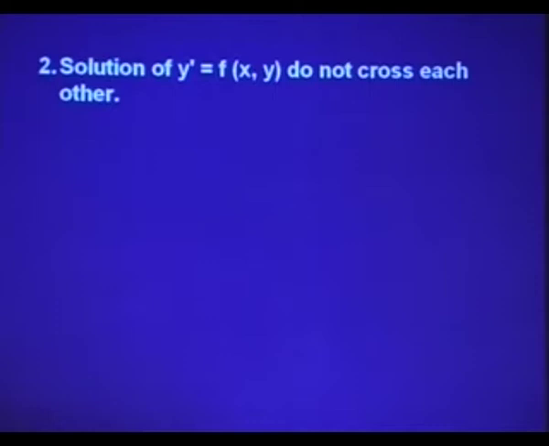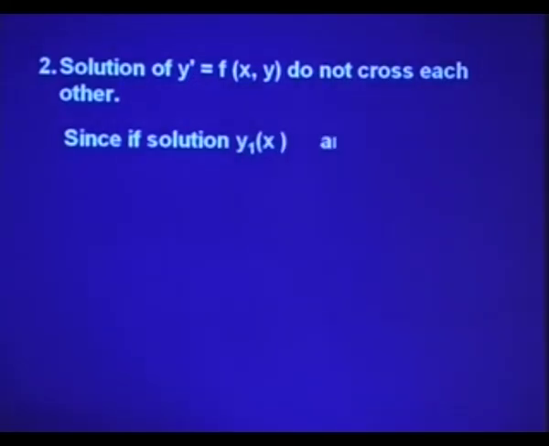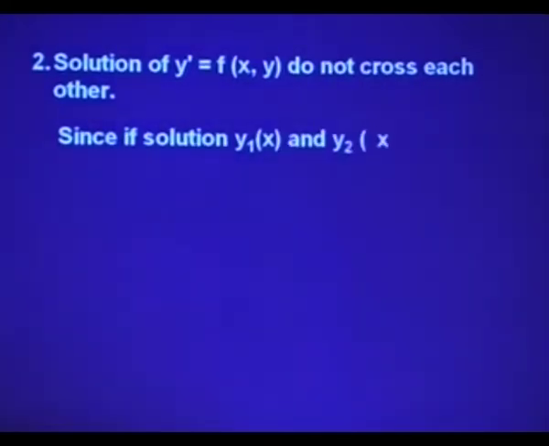What does it mean? Let us suppose that they are crossing. Suppose there are two solutions, y1(x) and y2(x), and they cross at the point x0.